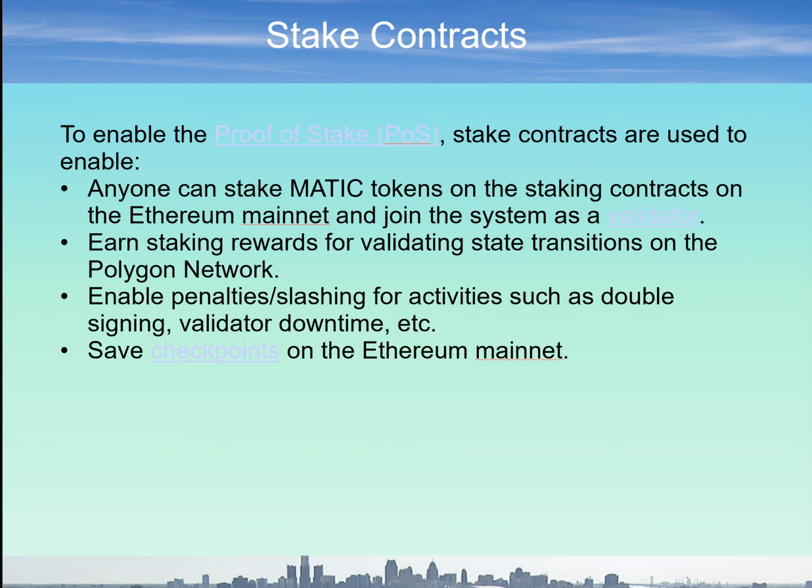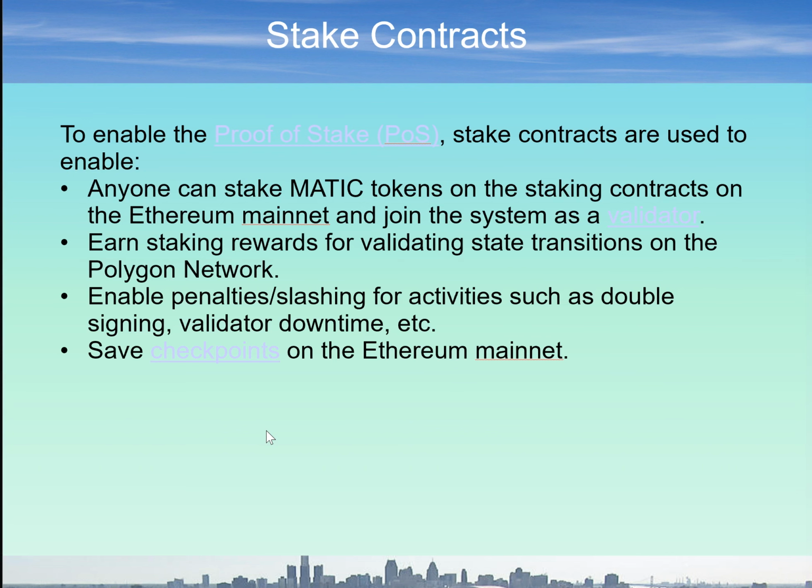So let's talk about the stake contracts. The stake contract is of course used to enable proof of stake, and its purpose is to enable anybody to stake Matic token here, and then join the system as a validator. So if you want to become a validator, you have to deposit some Matic, and then you're able to earn rewards because you validate the transactions.